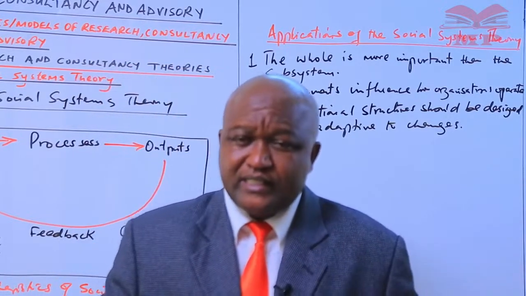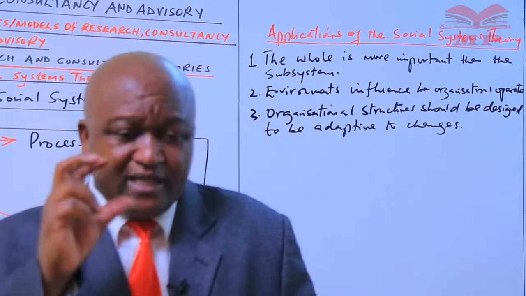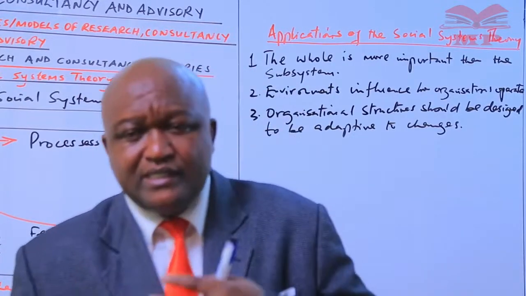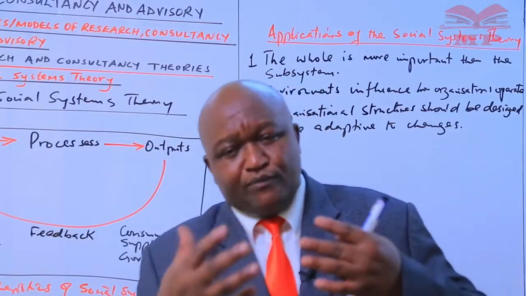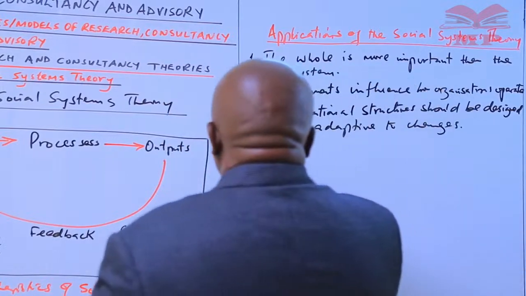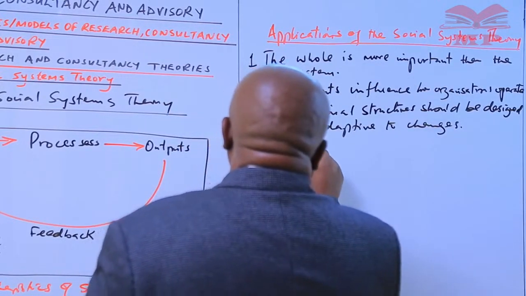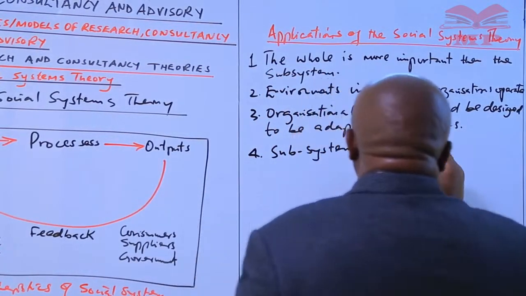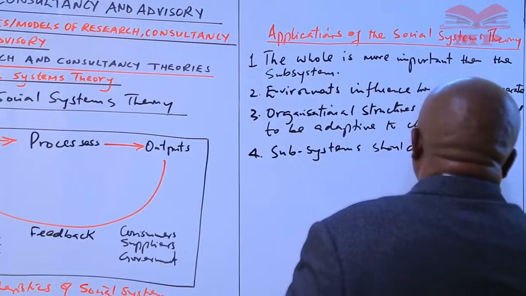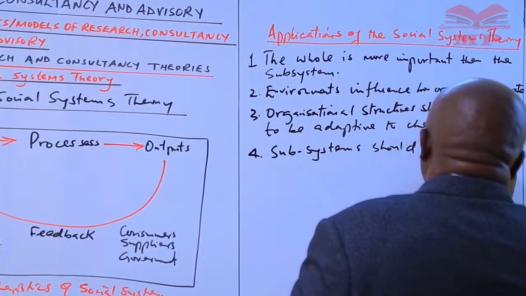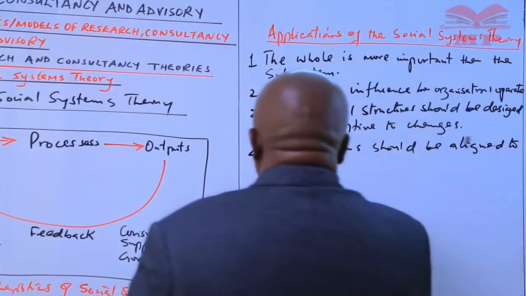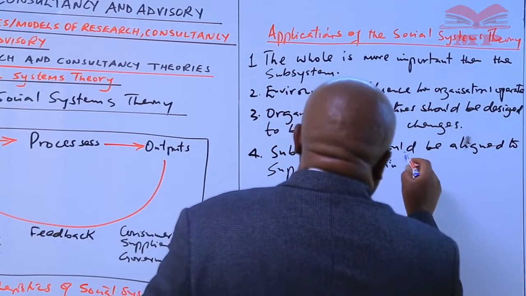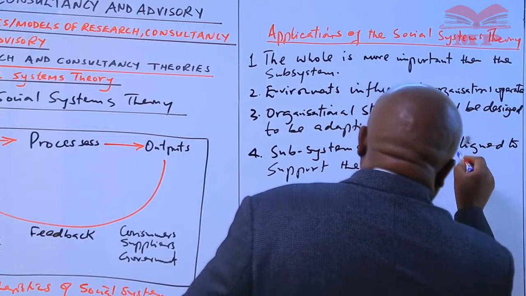within a given working context. Then it's also important to note that another use of the social systems theory is that subsystems have to be aligned to support the main system.